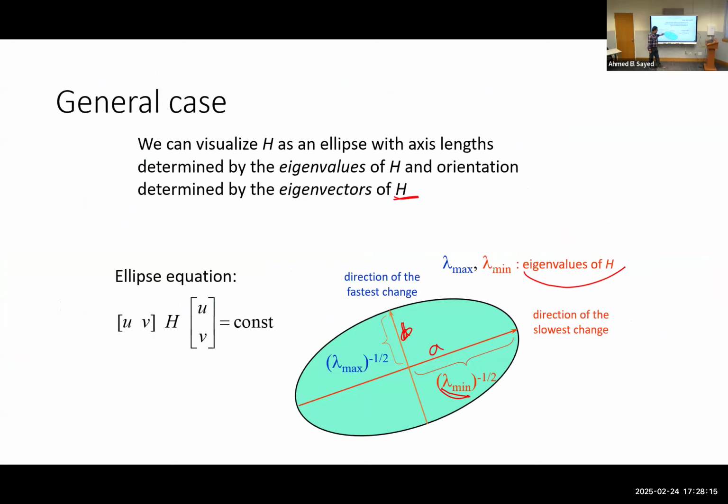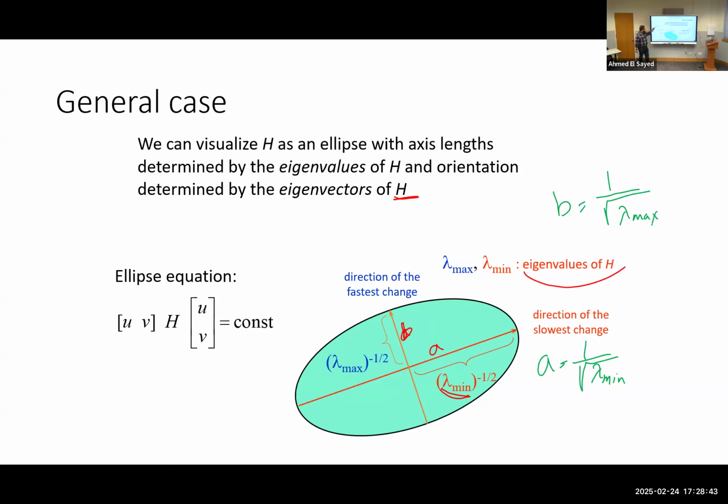The value of A, which is the bigger diameter, will equal 1 over square root of the minimum. The smaller diameter will equal 1 over square root of the maximum.